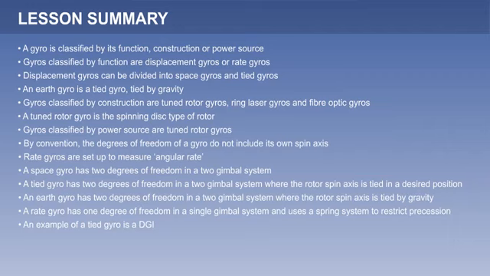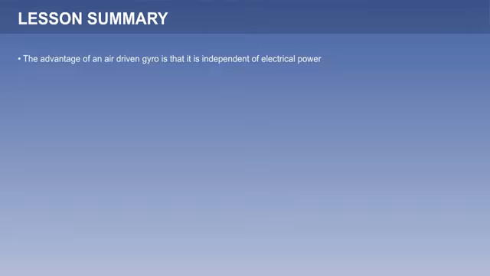An example of a tide gyro is a DGI. An example of an earth gyro is an artificial horizon. An example of a rate gyro is a turn indicator. The advantage of an air-driven gyro is that it is independent of electrical power.